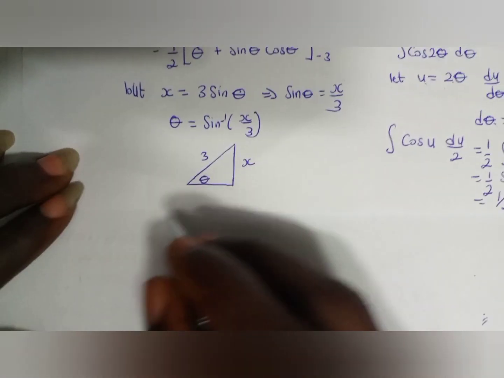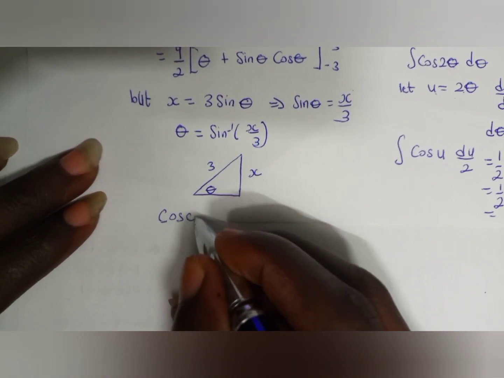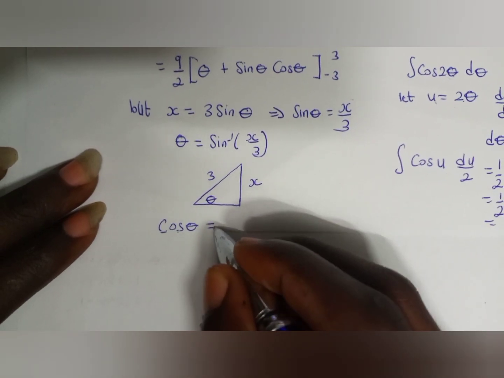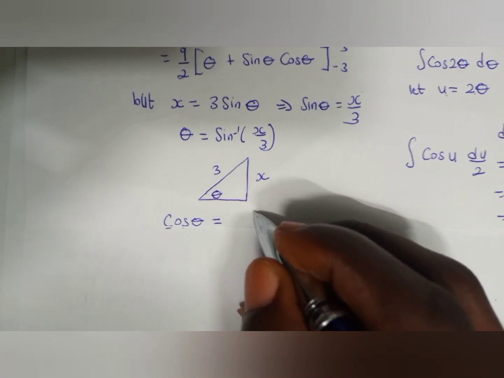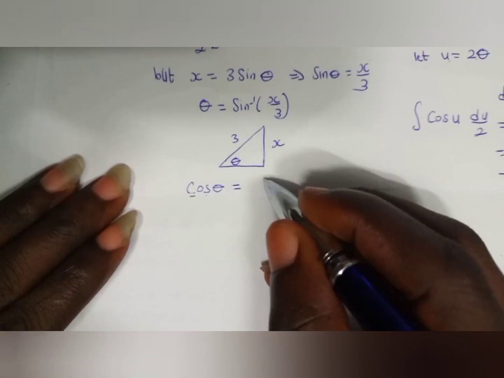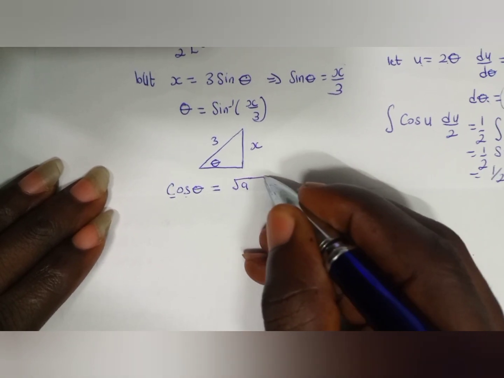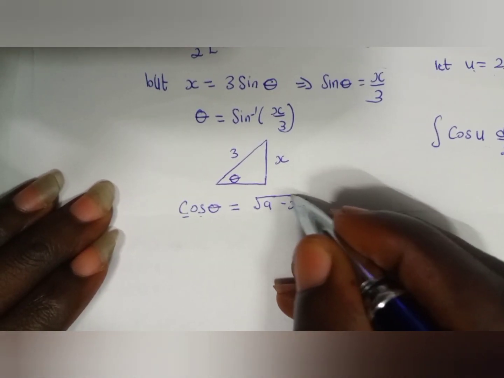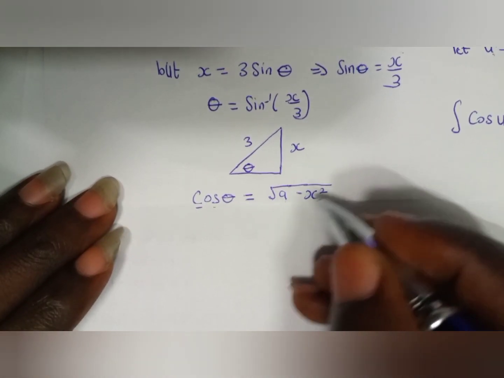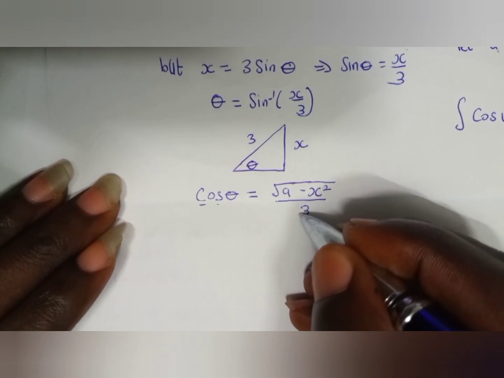Therefore cos theta will be equal to root of 9 minus x squared, divided by 3.